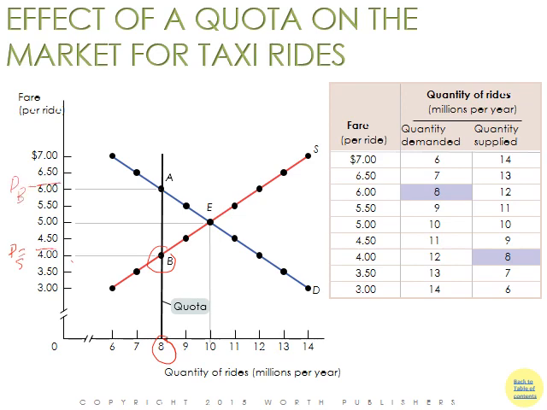The reason for that is the quota on the number of cabs that can be placed into service. So this extra $2 per ride can be viewed as an economic rent that accrues to the drivers of taxi cabs. What it means is that it's going to increase their profitability because of the restrictions in supply.